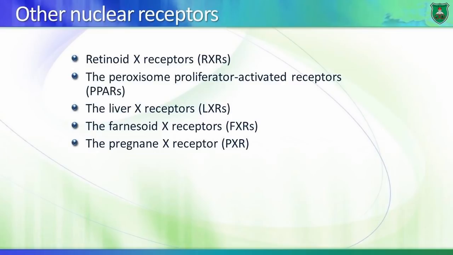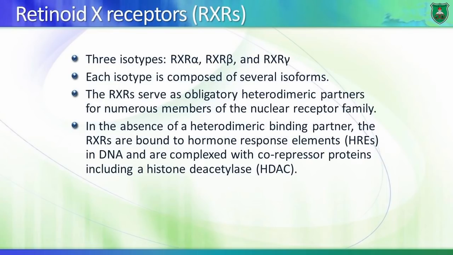Okay. Now, there are other nuclear receptors, but I'm not going to go into details about these receptors. Just look at the names, but I'll focus on the first two, the Retinoid X receptor and the peroxisome proliferator-activated receptor, or the PPARs. The Retinoid X receptor forms a heterodimer with other receptors, and you need to know what these receptors are. Once you have the formation of this heterodimer, it can bind to hormone response element.